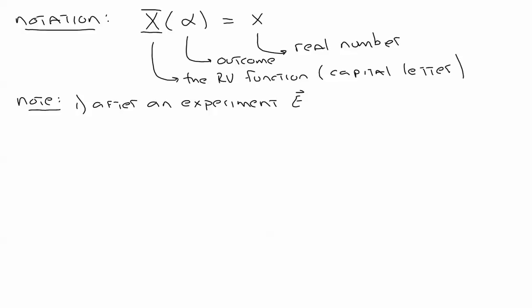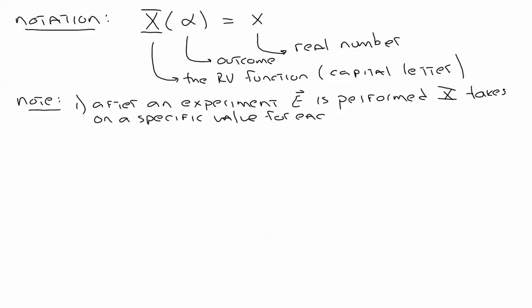After chance experiment E is performed, X takes on a specific value for each outcome, alpha.